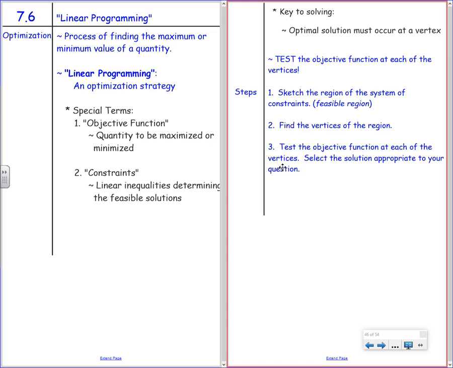Copy your notes. Sorry. Come on, distraction.